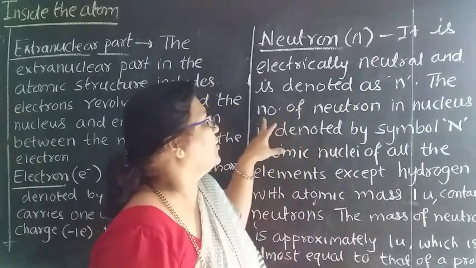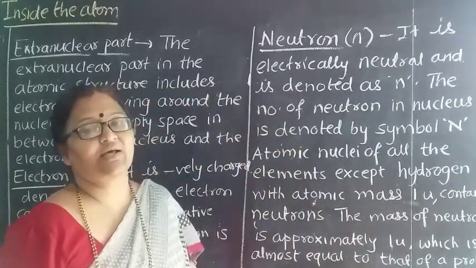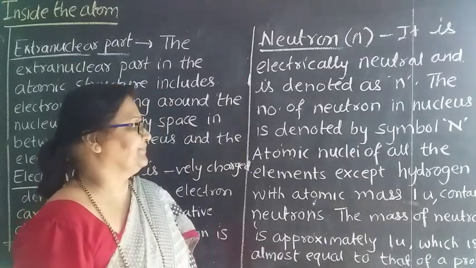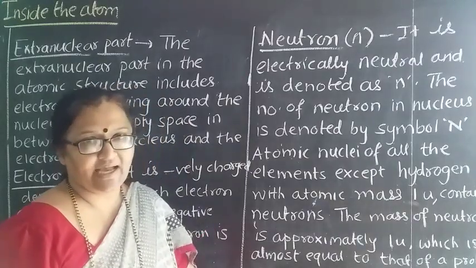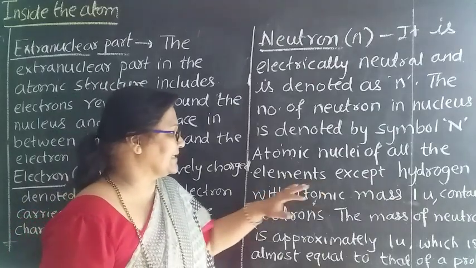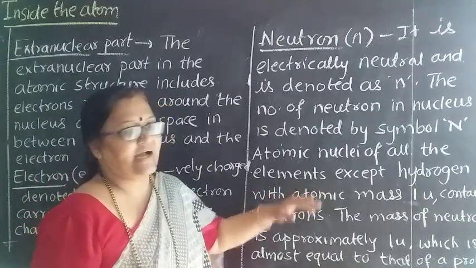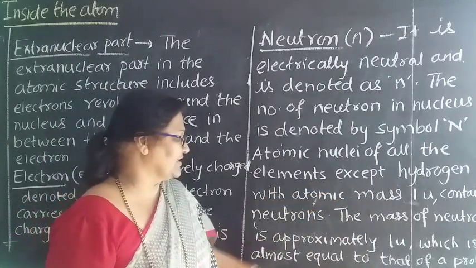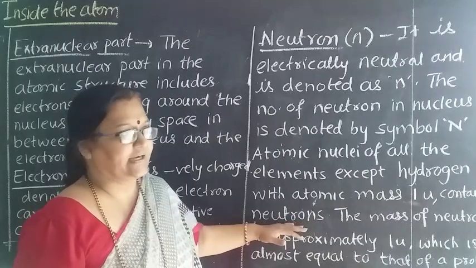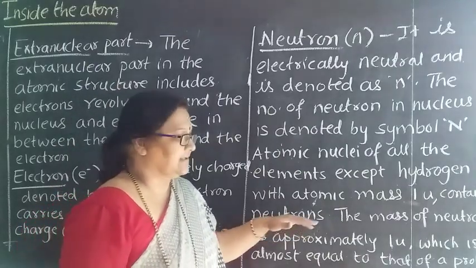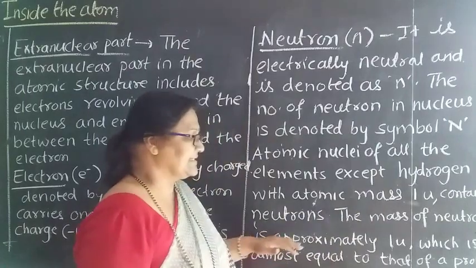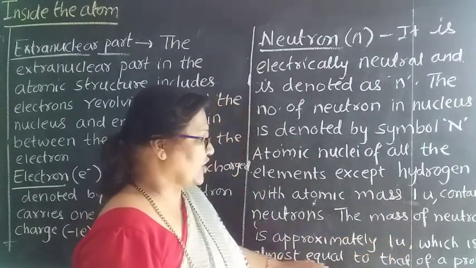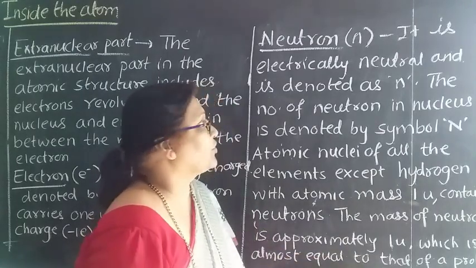The number of neutrons present in the nucleus is denoted by the symbol N. Now the atomic nuclei of all the elements except hydrogen, with atomic mass 1 U, contain neutrons, but these neutrons are neutral. The mass of the neutron is approximately 1 U, that is 1 Dalton, which is almost equal to that of the protons.